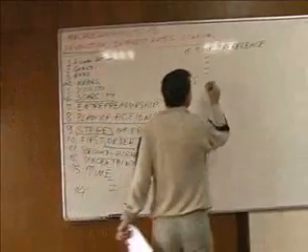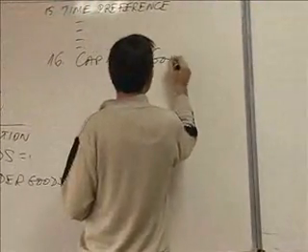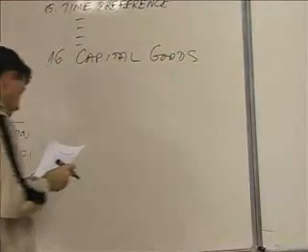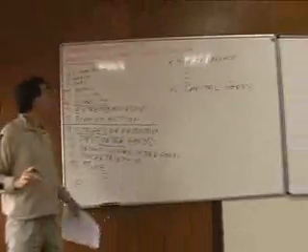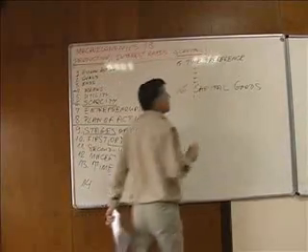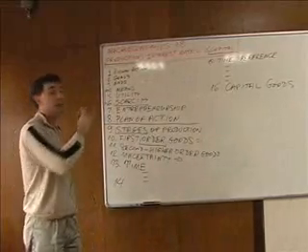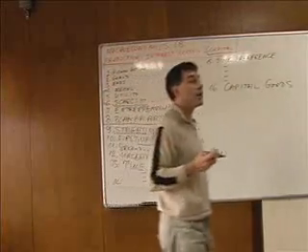Then we move on to capital goods. In capital goods, now we relate a little bit to the production of capital. Again, production and capital are intimately related concepts.